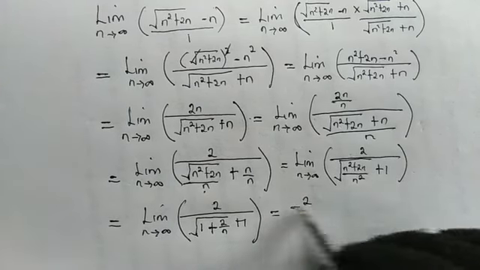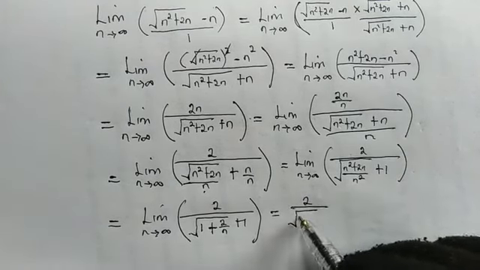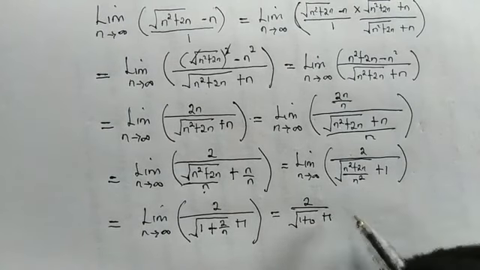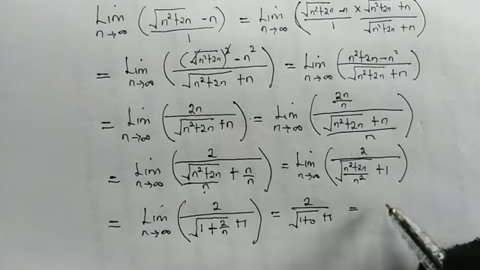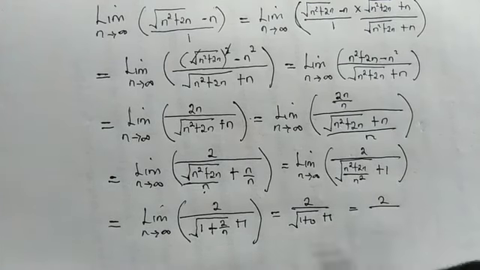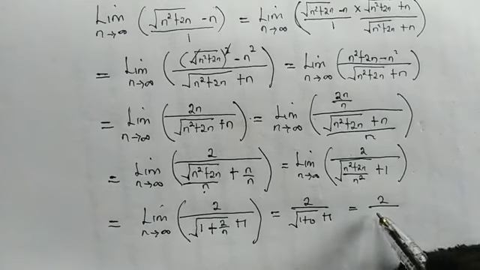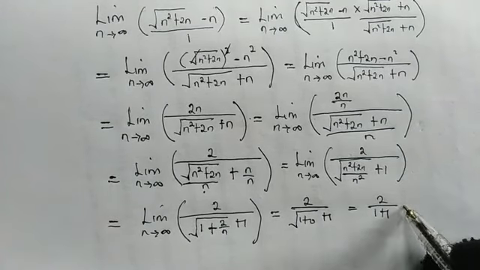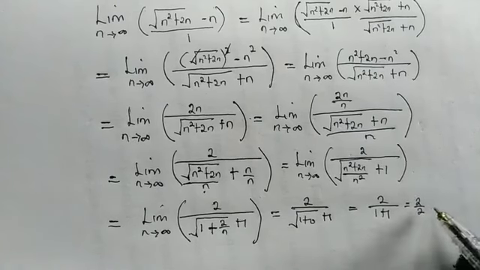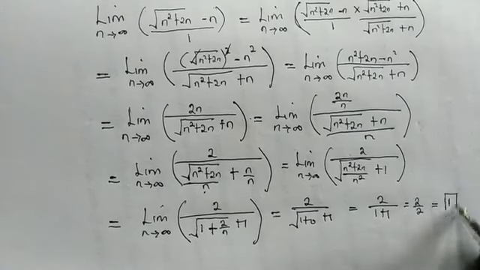So we're left with 2 all over the square root of 1 plus 0, then plus 1. The square root of 1 plus 0 is the square root of 1, because 1 plus 0 is 1. So here we have 1, then plus 1. So this is equal to 2 over 2, and here comes the right answer as 1.